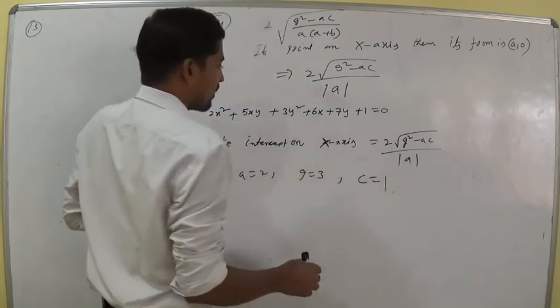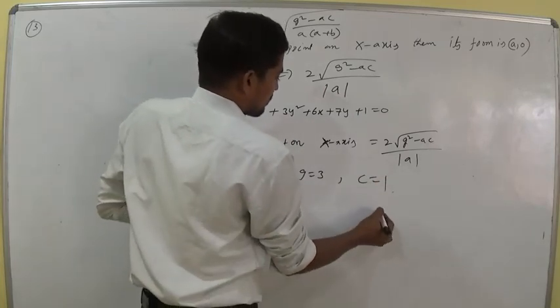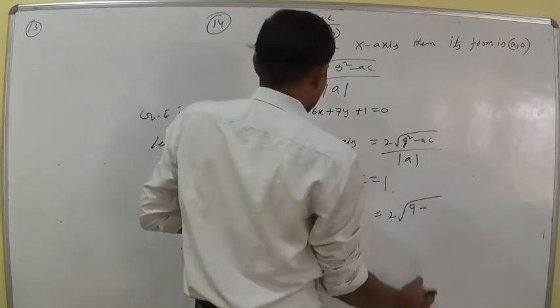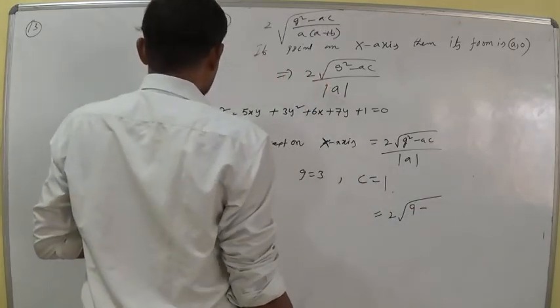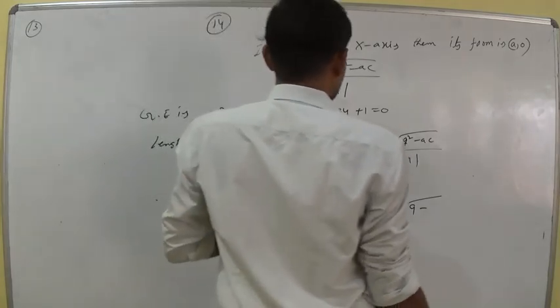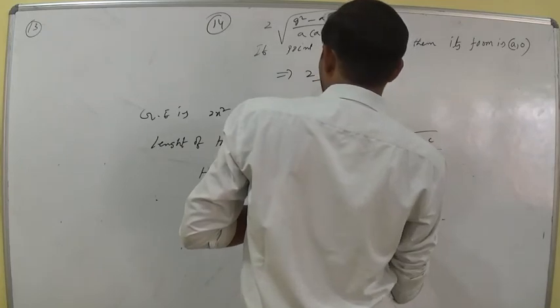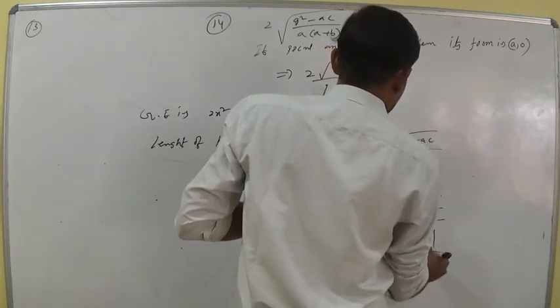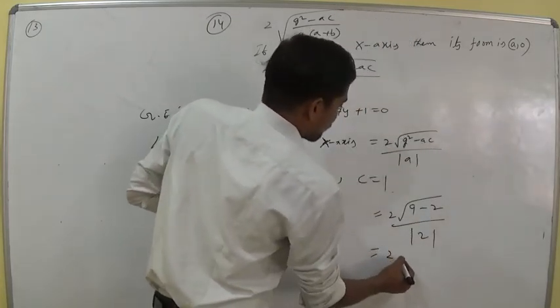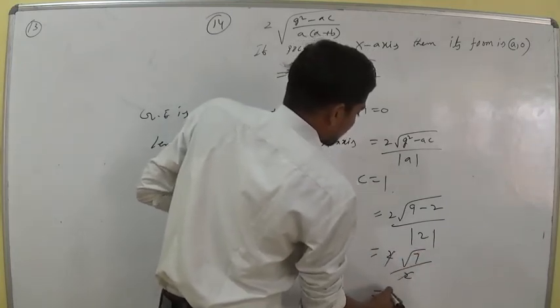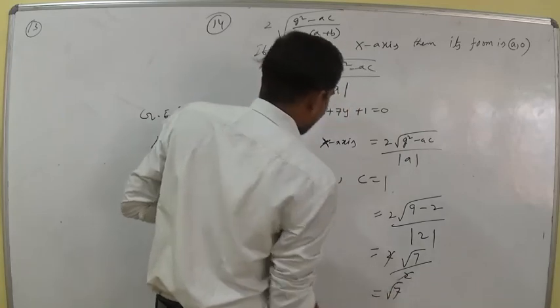Let us substitute the values here, which is equal to 2 square root of (9 minus ac). What is a here? A is 2 and c is 1. 2 by modulus of a, modulus of 2, which becomes 2 root 7 by 2, which is equal to root 7. Whatever he said, that is correct.